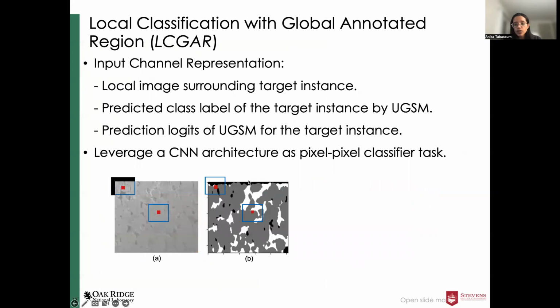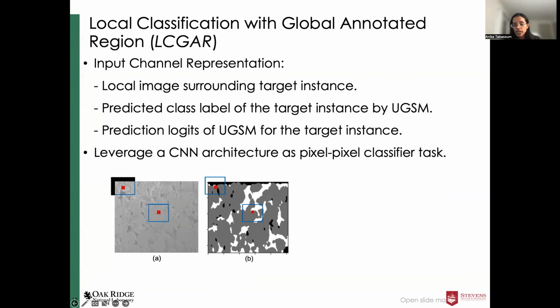Next, we want to develop a local model, that is LCGAR, to learn more fine-grained representations for each of these I don't know pixels that have been classified by our coarse-grained curriculum strategy. Now, we leverage a CNN architecture here for the local model. But the unique feature here is to capture the local properties for each IDK pixel using such an architecture.